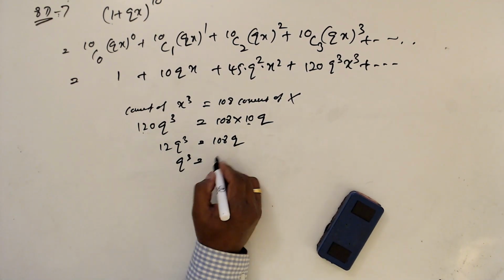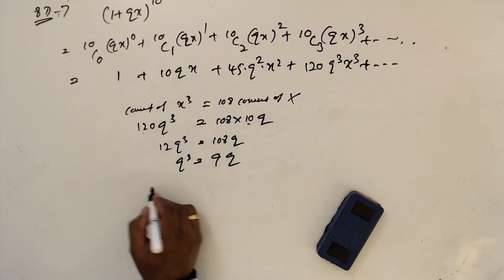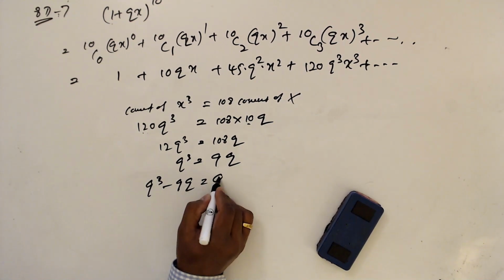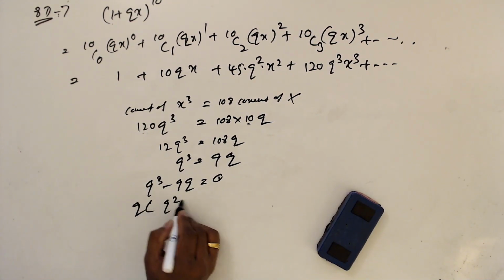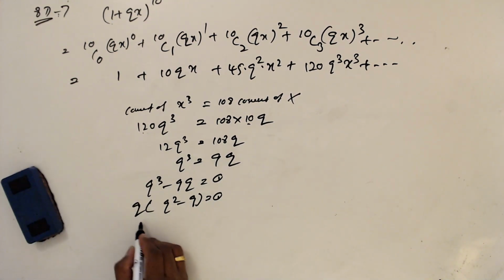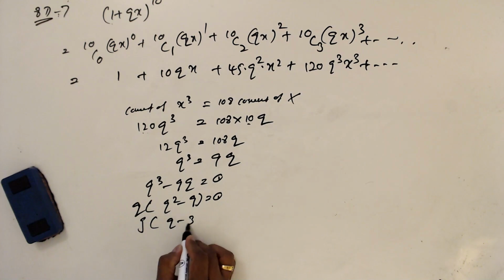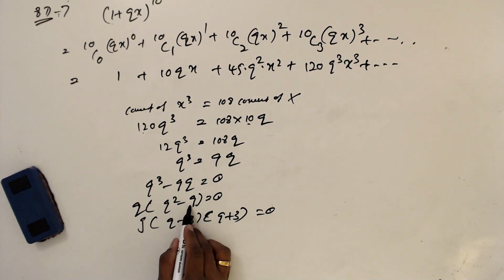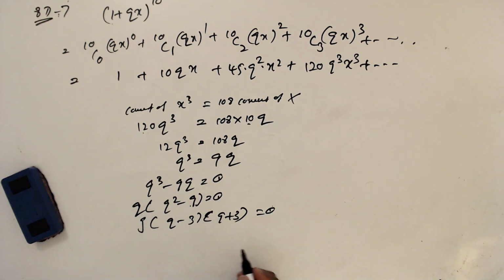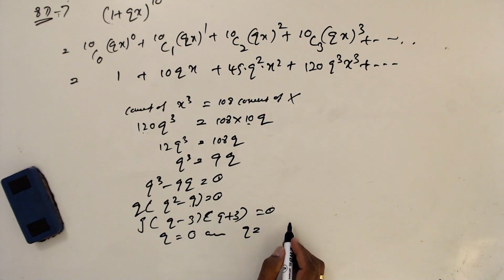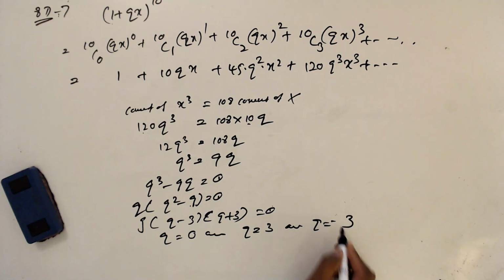Dividing by 12, q cubed equals 9q. So q cube minus 9q equals 0. q I factorize, q square minus 9 equals 0. Then you can write q minus 3, q plus 3 equals 0. 9 means 3 square, difference of two squares. So q equals 0 or q equals 3 or q equals minus 3.